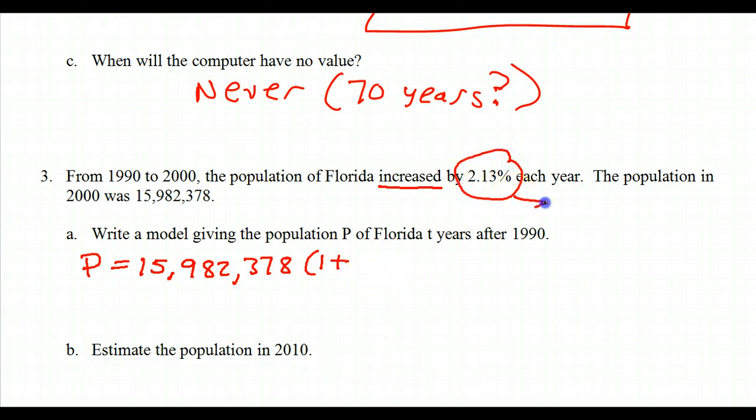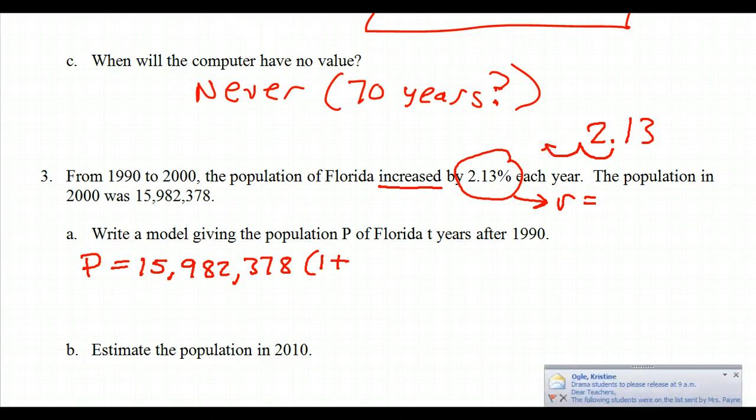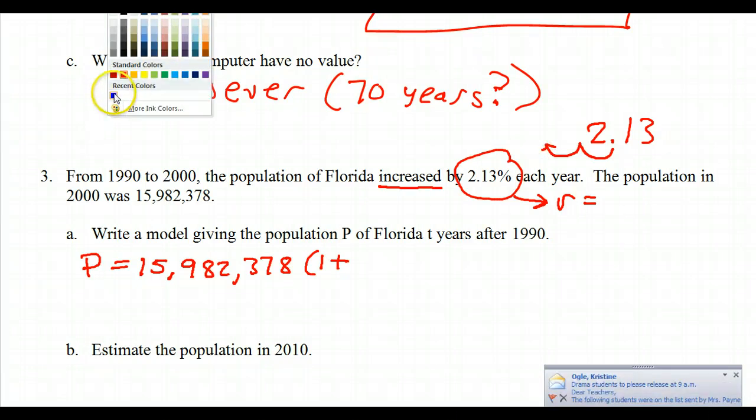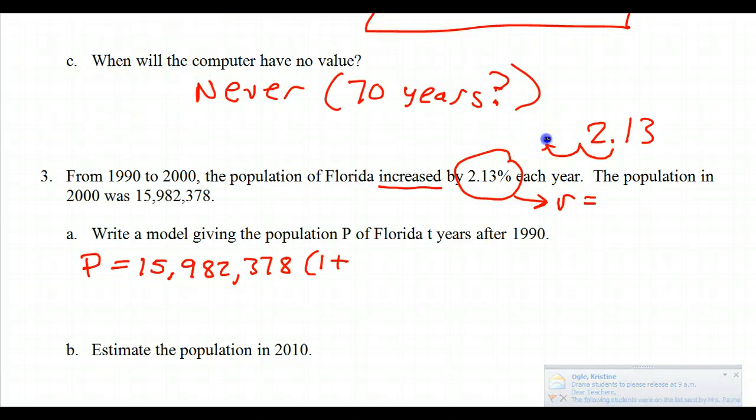Now, this percent growth, if I want to convert this to the growth rate, I need to change this to a decimal. And remember, I do that by taking this 2.13 and moving the decimal 2 times to the left. If I do that, then the decimal winds up here, and there will be this 0 in the front.